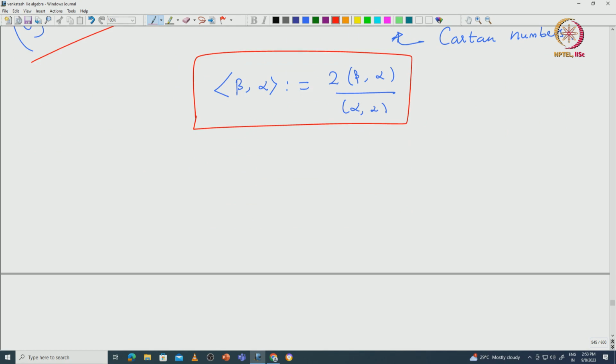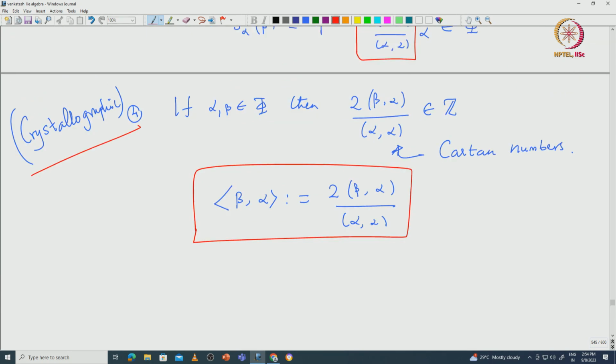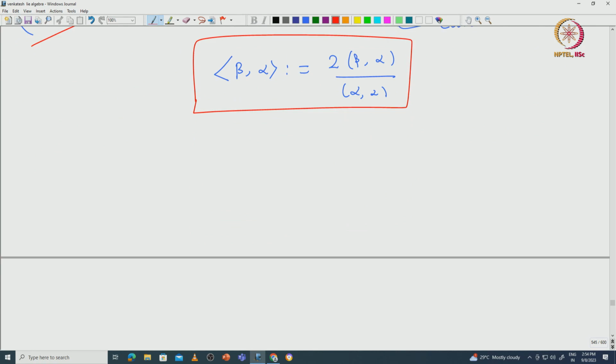Now you can see that once we have defined a root system, there is a natural group associated with it, generated by all the reflections coming from alpha in phi. We denote this by W of phi, or once phi is understood, just W. It is the subgroup of GL of E generated by all the reflections S alpha, where alpha comes from phi.